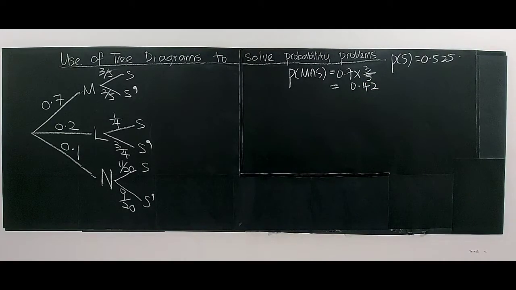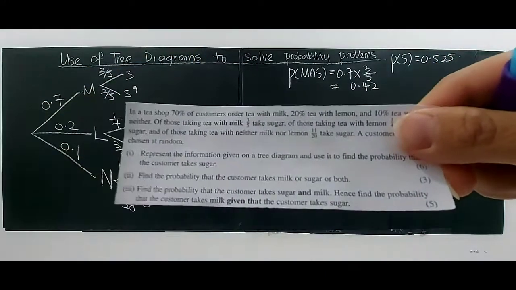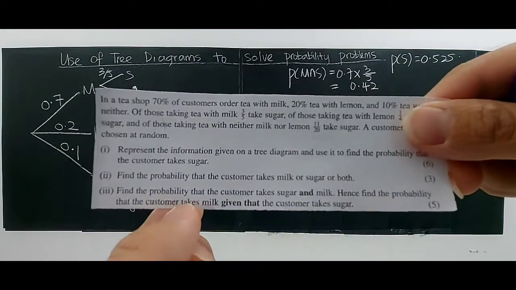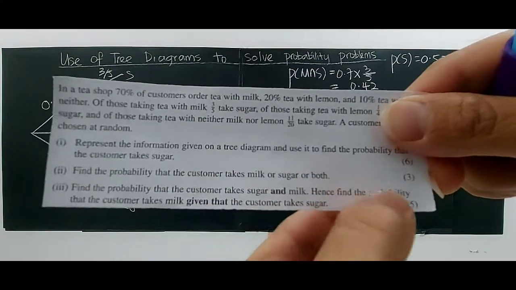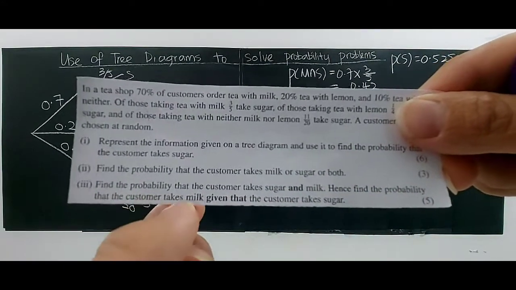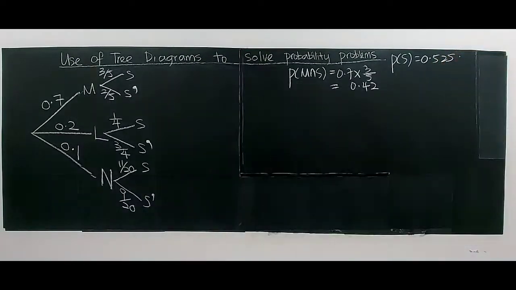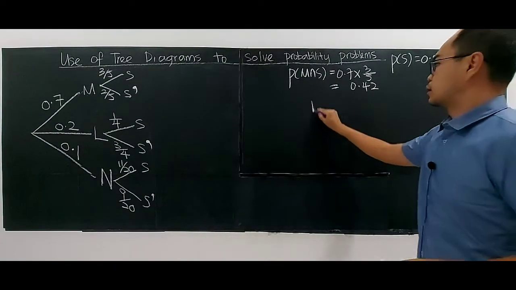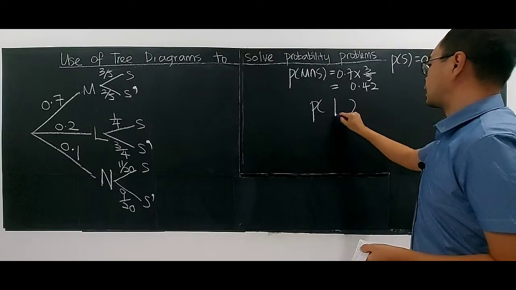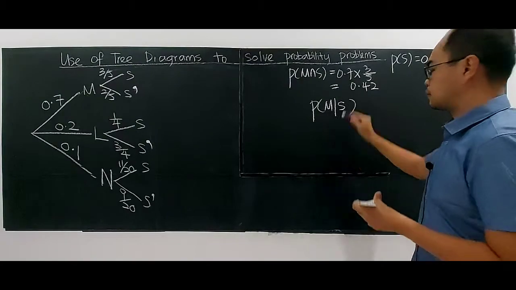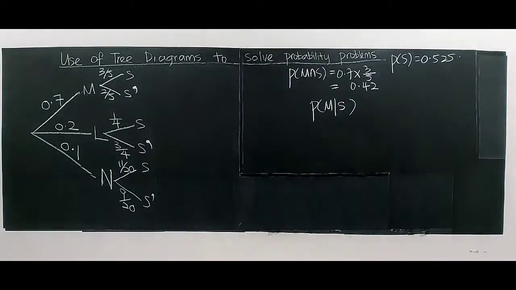And the question is asking, hence, find the probability that the customer takes milk given that the customer takes sugar. So the meaning here is the probability that the customer takes milk given that the customer takes sugar, right?